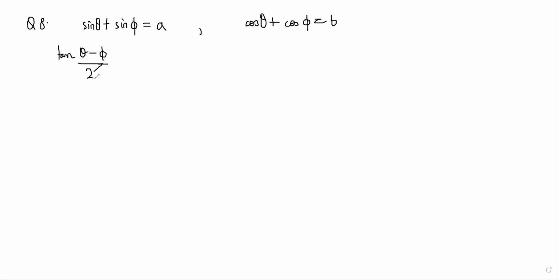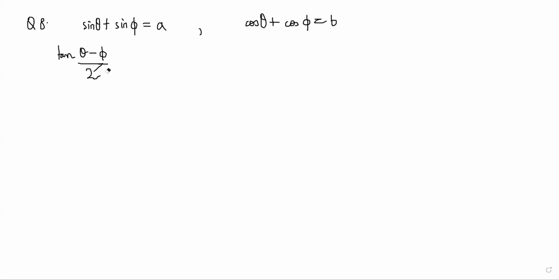If sine theta plus sine phi is equal to A, and you're given cos theta plus cos phi is equal to B, you have to find the value of tan of (theta minus phi) by 2.